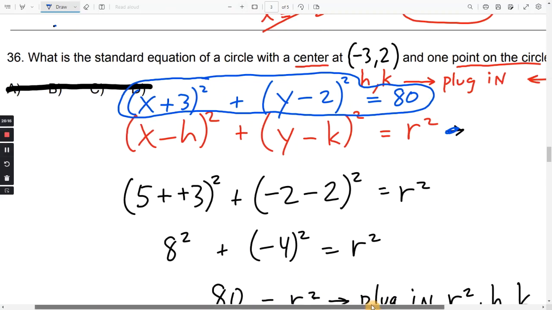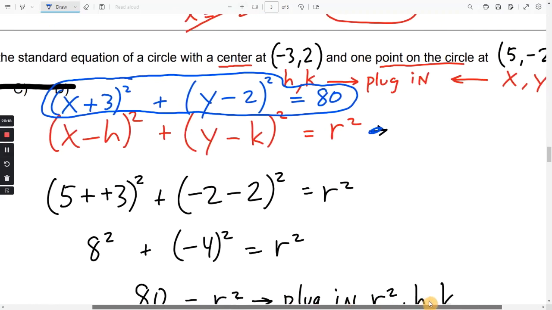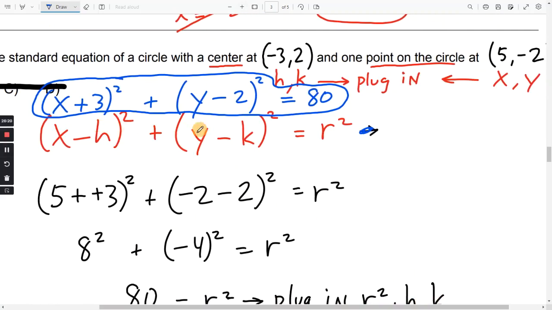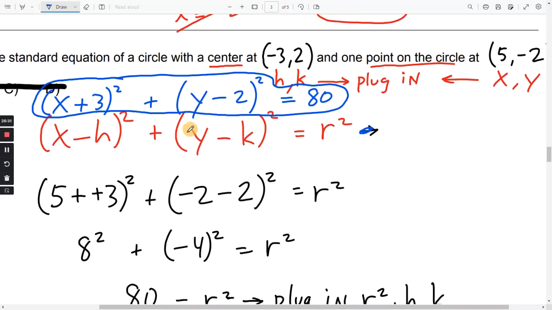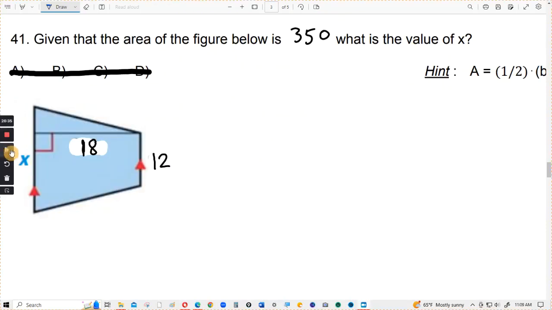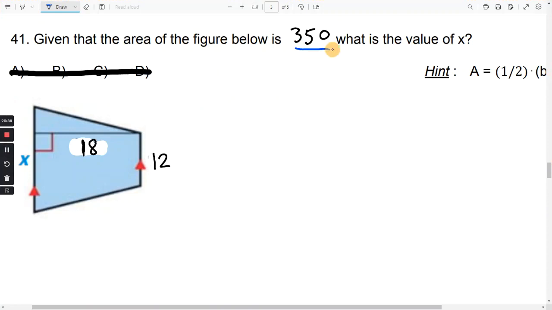So if you're given the center and a point, you want to plug them into the circle equation, solve for r squared, and then you plug in r squared and the center in the original equation, and that's your final circle equation in standard form. Given that the area of the figure below is 350, what is the value of x?